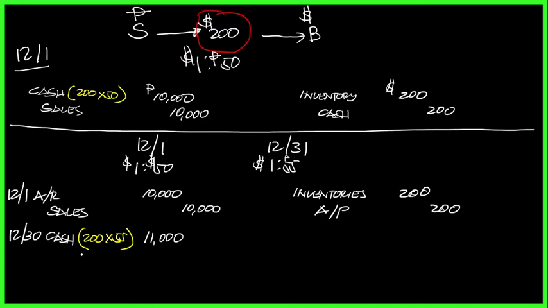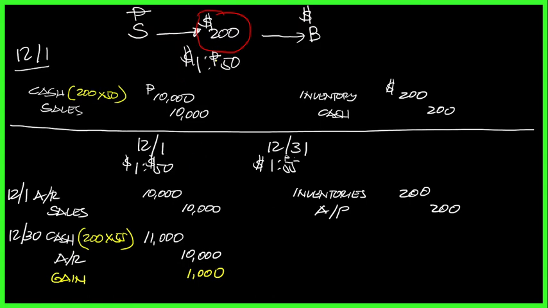And then you're going to credit accounts receivable, which was previously recorded at 10,000. So in this case, you now have a gain amounting to 1,000 pesos. It's denominated in dollars.